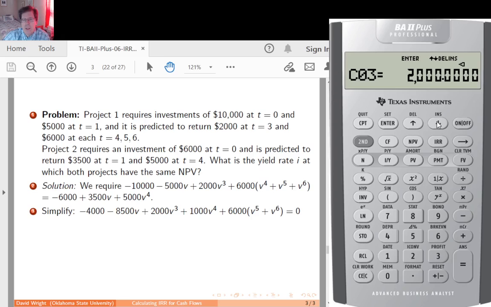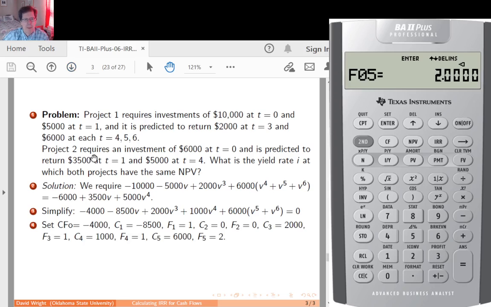Enter that. And C4 is 1,000. Enter that. And C5 is 6,000. Now this is repeated at time 6 as well, so we can enter that and then say F5 is 2 to repeat it. So let's write down what those buttons were. Here they all are.